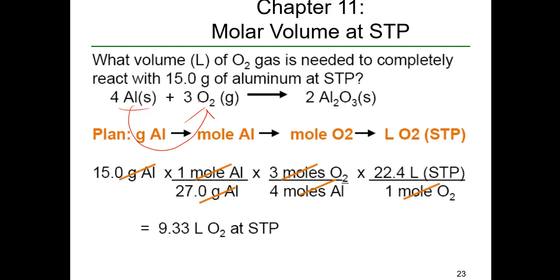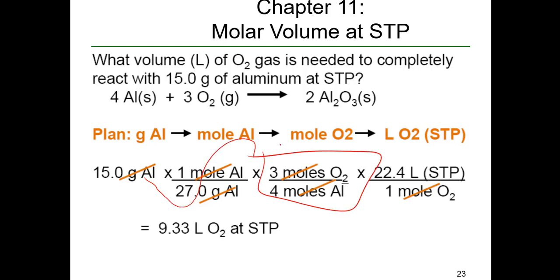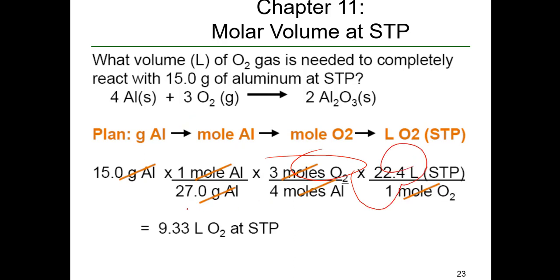And that's how many liters of oxygen you would actually need for this reaction to occur, given the 15 grams. So molar mass to start off with, grams to moles. Here we have that mole ratio taken from the coefficients. And then once we're in moles of O2, we can use the molar volume to go from moles to liters.